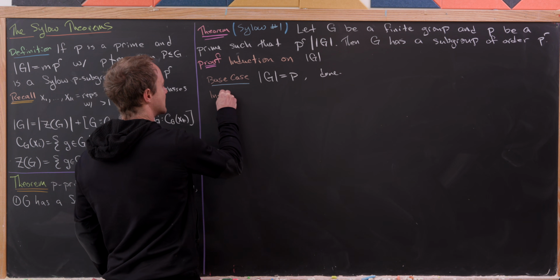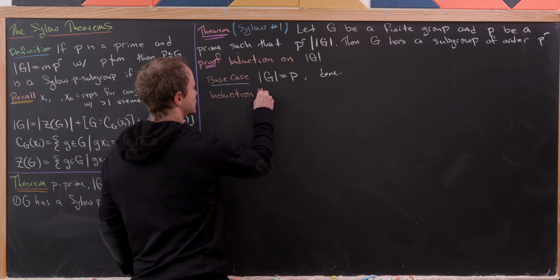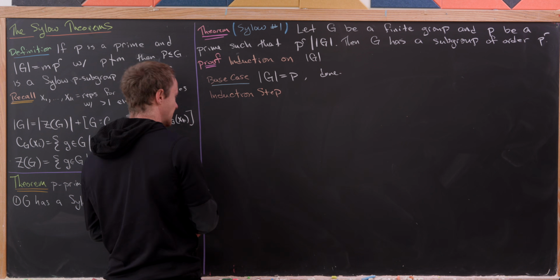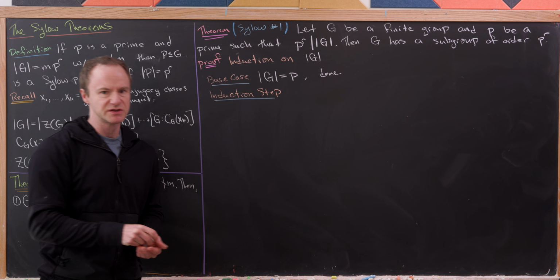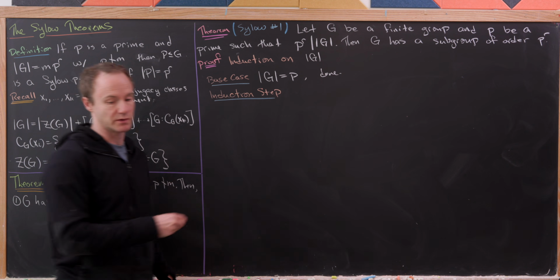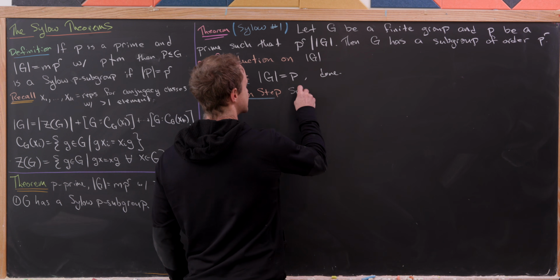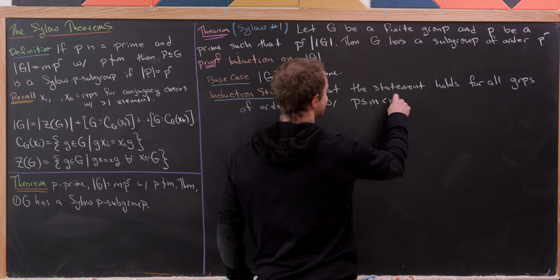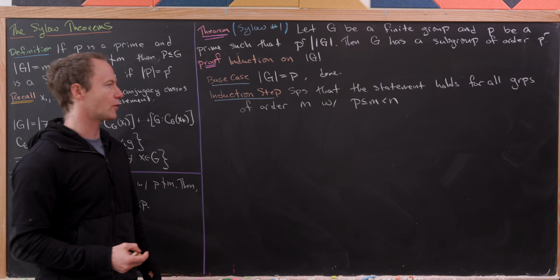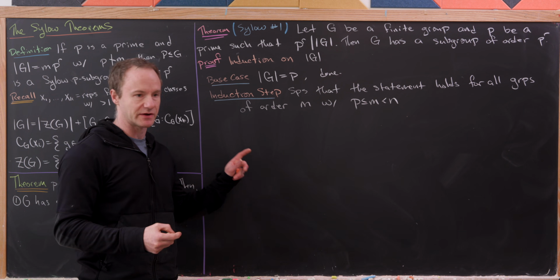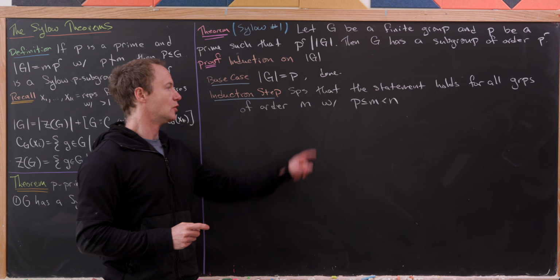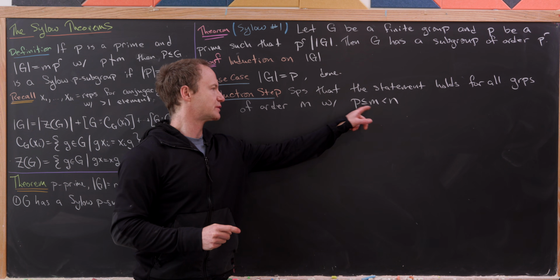Okay, so now let's move to the induction step, which of course starts with an induction hypothesis. So this is going to be strong induction, if you will. So let's suppose that the statement holds for all groups of order m where p divides m. I didn't write that, but that's understood. With m being between p and n.